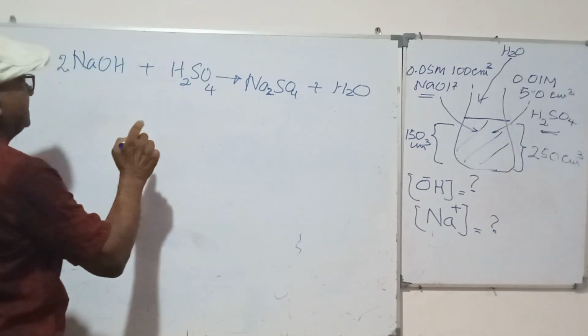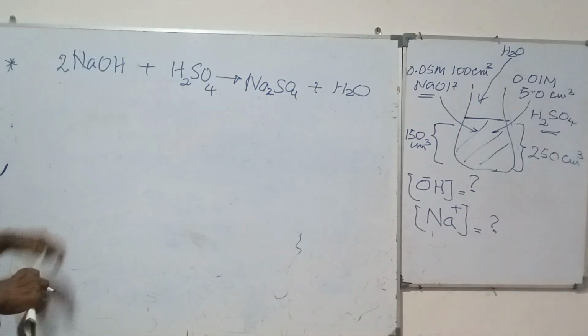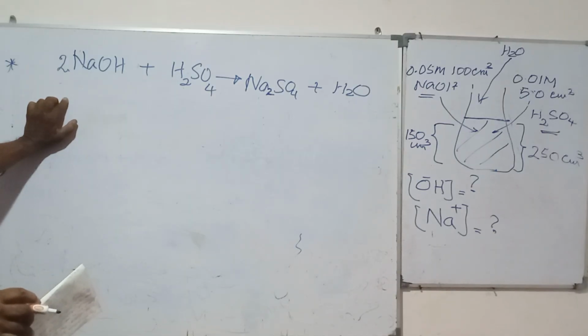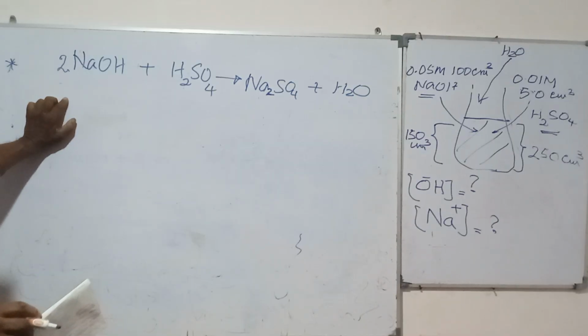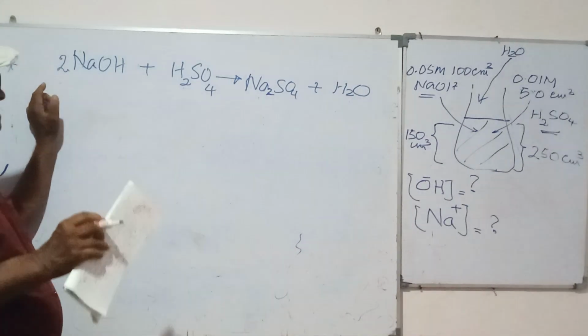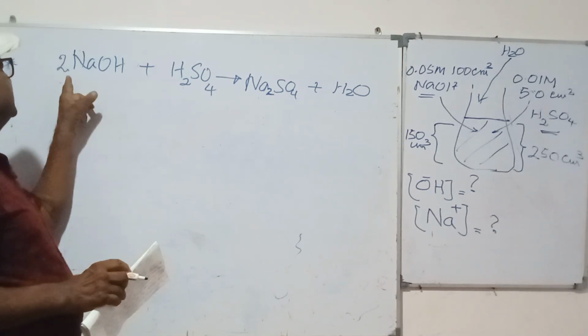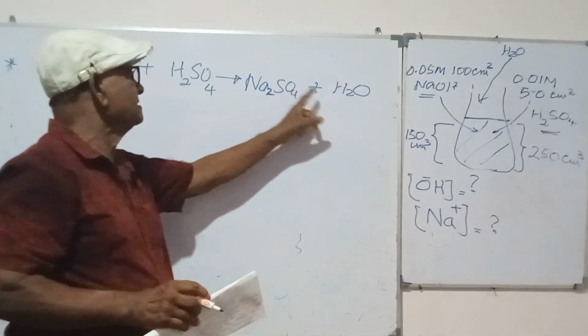So it is clear that we must go through the stoichiometry of this solution. What is the stoichiometry? It is the simplest molar ratio between the reactants and the products.